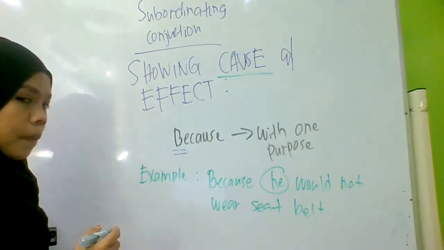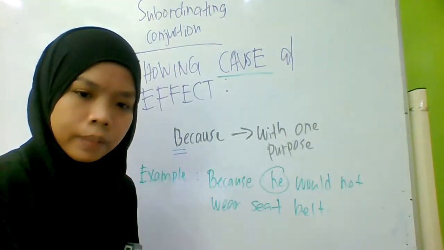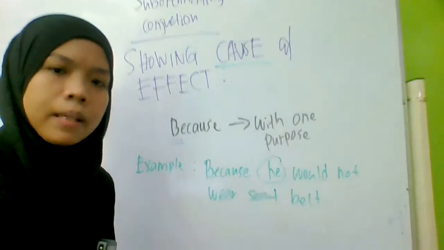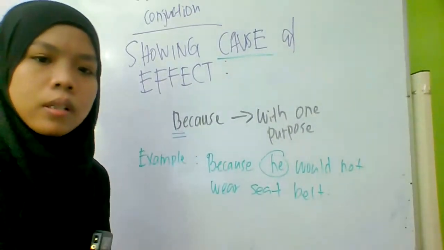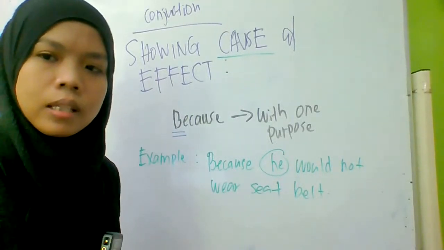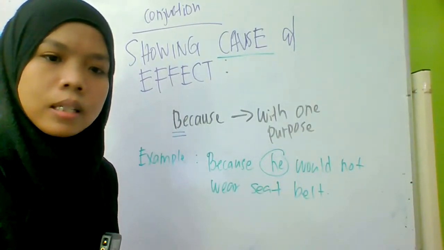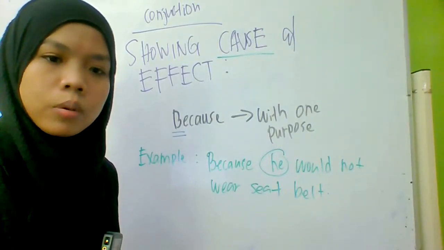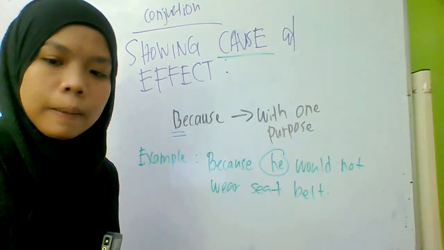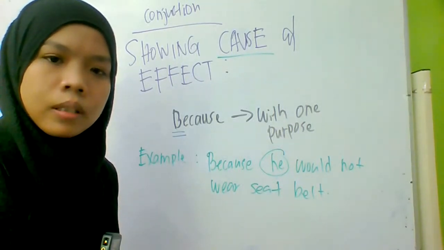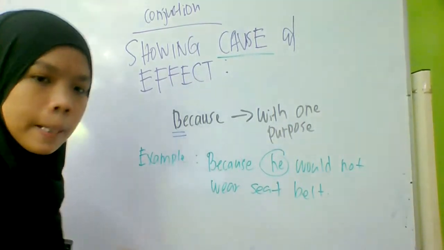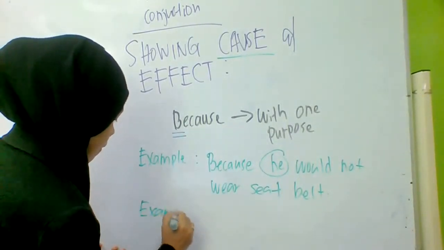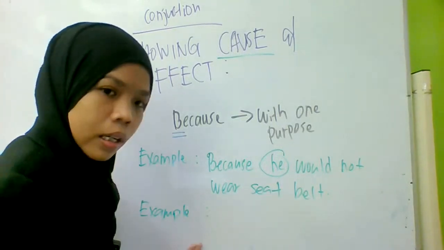Can you see? Let me make it longer. Now the independent sentence is, we can use Shaz. Step one first. I'm using another example.